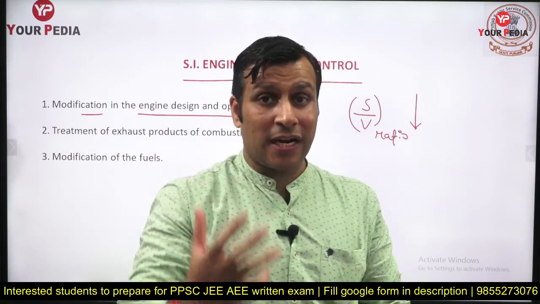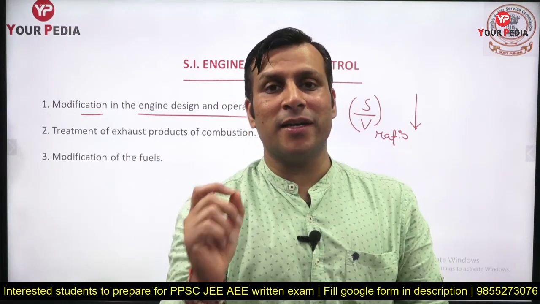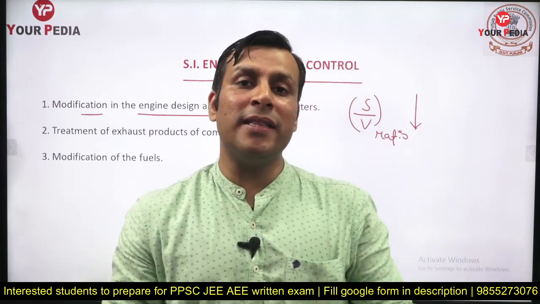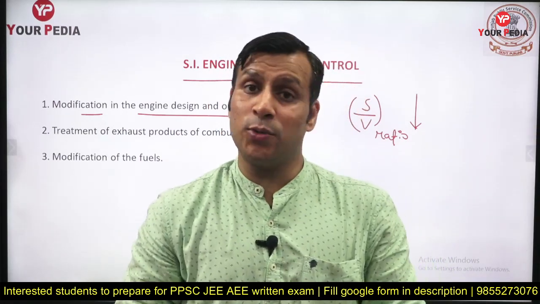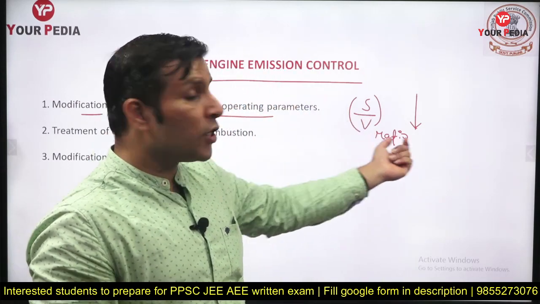That is known as quenching. So due to the heat transfer, they will not be able to vaporize quickly and they will remain as droplets, as a liquid only. That's why the hydrocarbon emission into the exhaust product is going to increase. That's why it is good to keep the S by V ratio lesser.